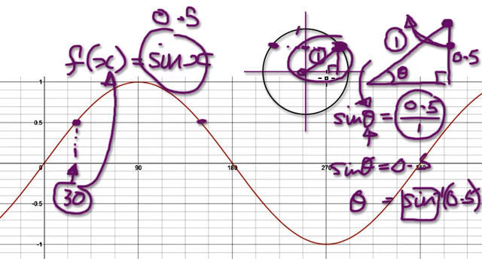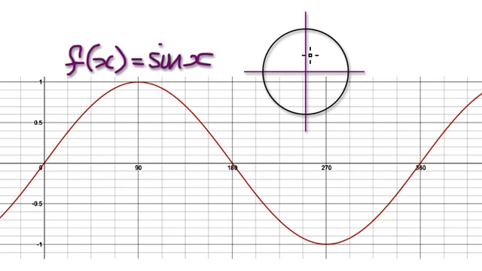Also remember the question is saying what values of the angle will give me a height of 0.5. Well, don't forget this one here will also give you a height of 0.5. If this angle here is 30, because we're talking about this point here, you have to go all the way around.